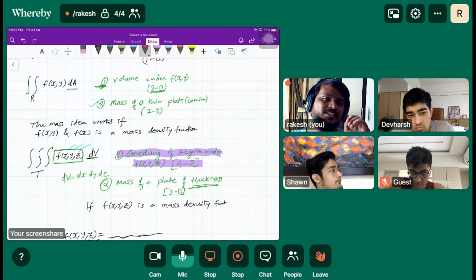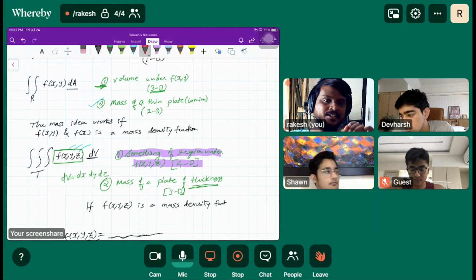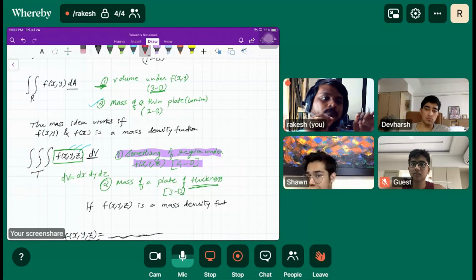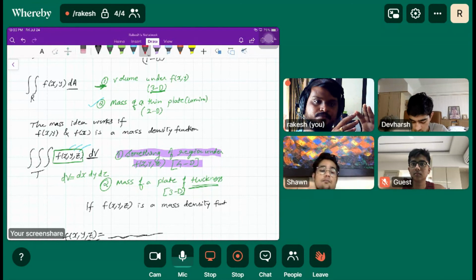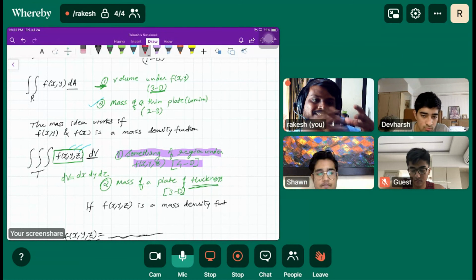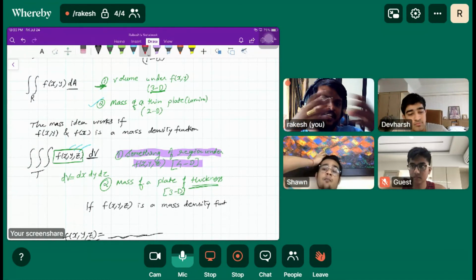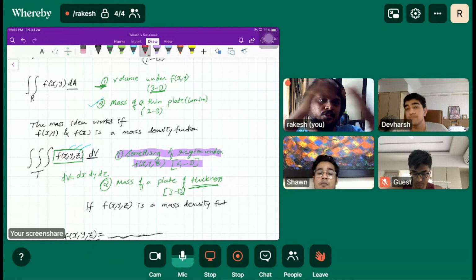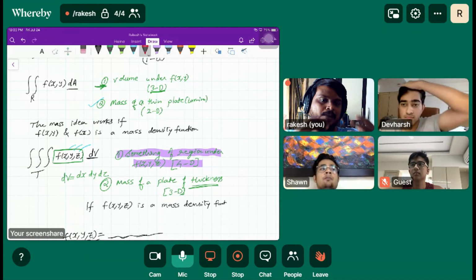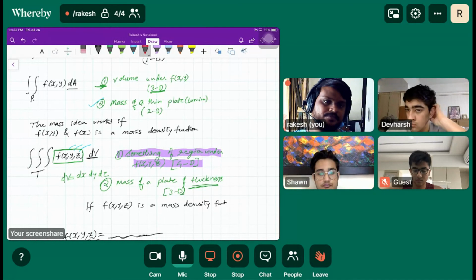But the second thing is, if the mass density function is represented by f of x, y, z, then obviously it gives us the total mass of the plate of certain thickness, and that idea is basically on 3D. Are you getting that? So every object which is on 3D, the mass of that object can be easily calculated by triple integration.